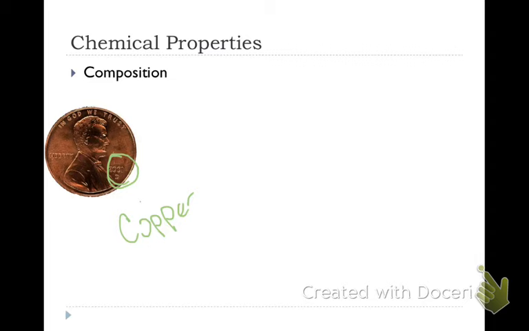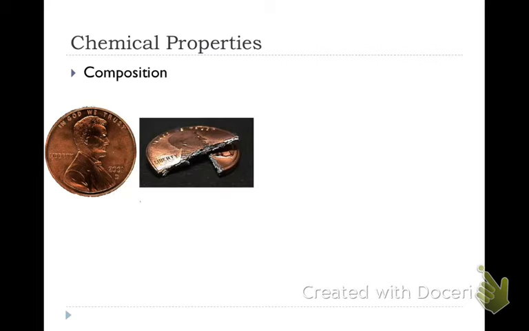Pennies were made of pure copper, so if you snapped it in half, the whole thing would be made of copper. Because copper ends up being pretty expensive, in 1982, the U.S. Mint decided to go ahead and make the core of a penny made out of zinc, which is a much less expensive material, and then just coat it in copper instead. So that's actually just a little fun fact about pennies themselves.